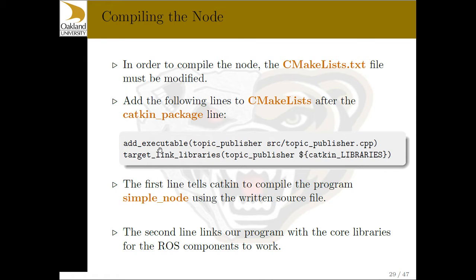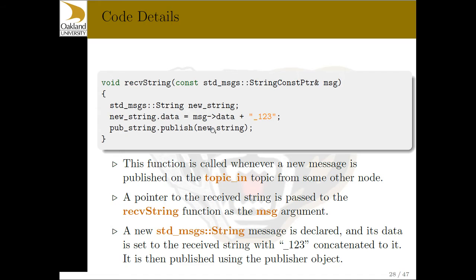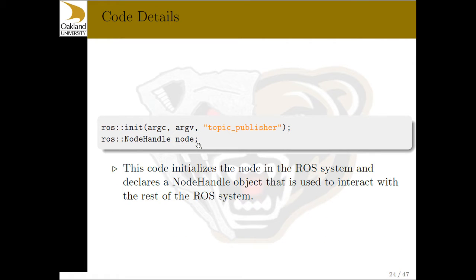And again, very important is the target_link_libraries with the same executable name and this ${catkin_LIBRARIES}. This is what links it to all of the ROS libraries. If we don't have that, our program doesn't know what a ROS NodeHandle is, because it hasn't linked to that library to get its definitions, essentially.